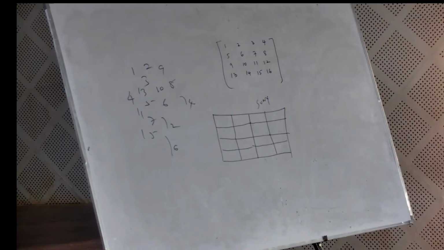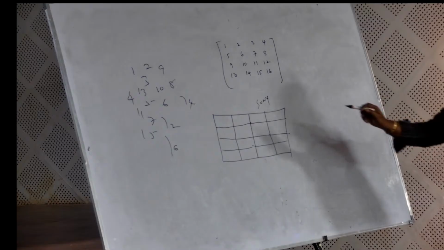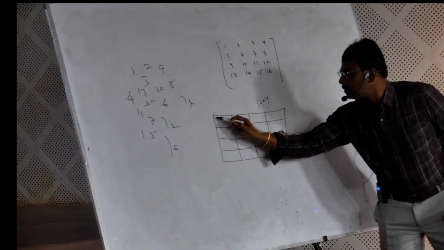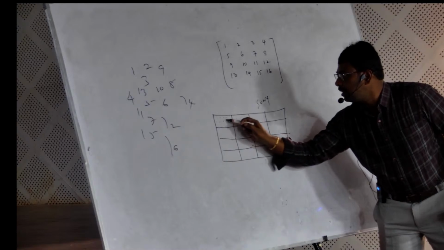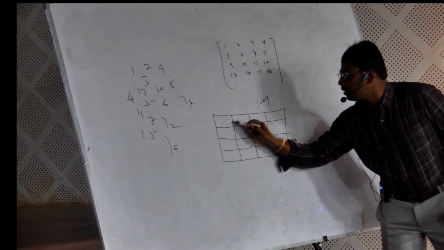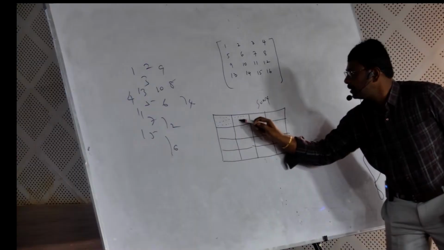Here, you know the word pixel. Everyone has heard about the word pixel. The image is stored in the form of pixels. In every box, the pixels are entered in the form of rows and columns. Systematic entry.